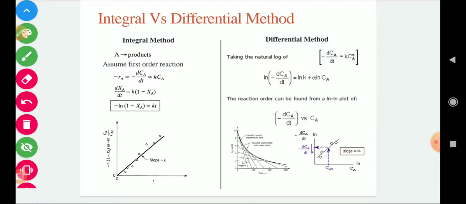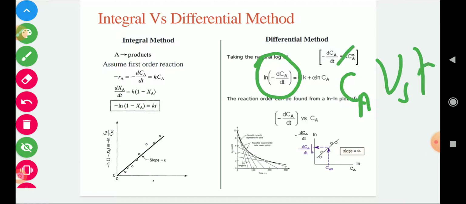Now, again one more thing, here we have dCA by dt. We know we obtain data of concentration versus time. Now first of all we have to also calculate dCA by dt.